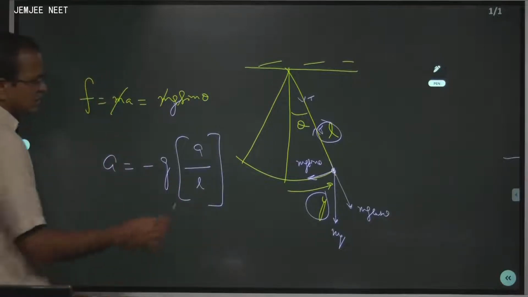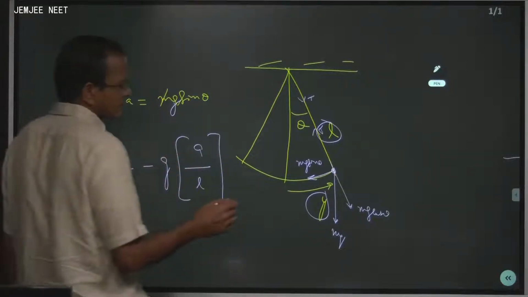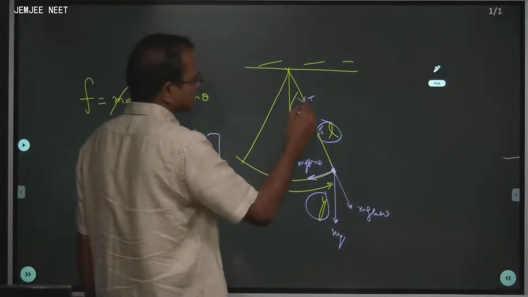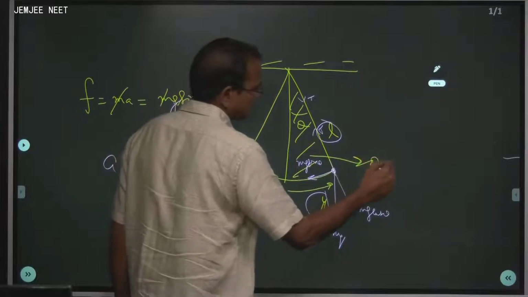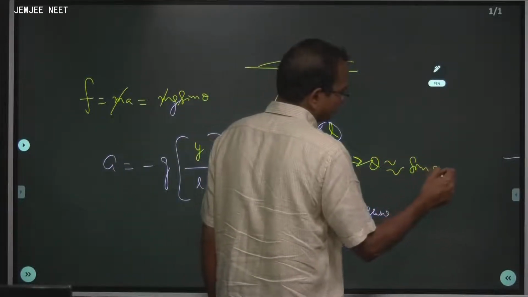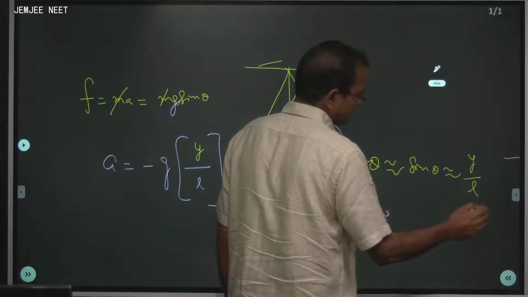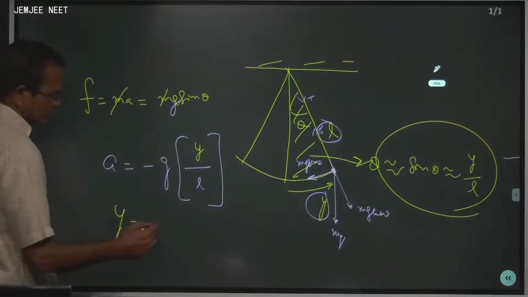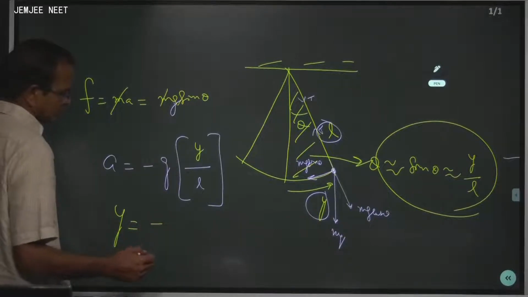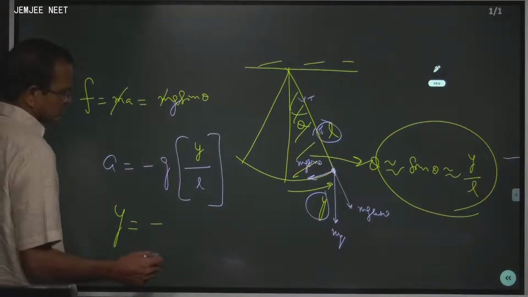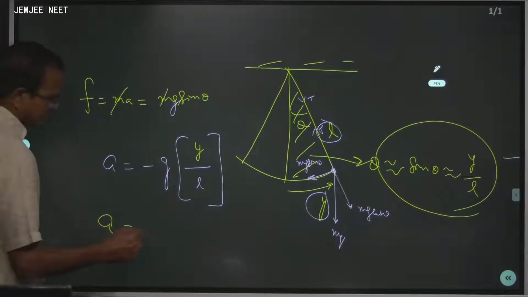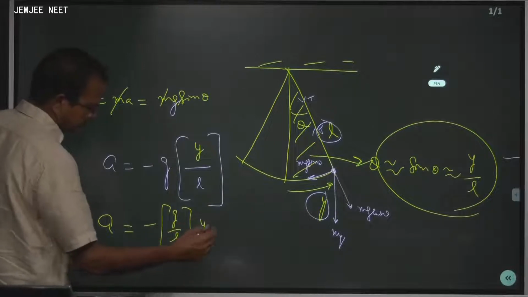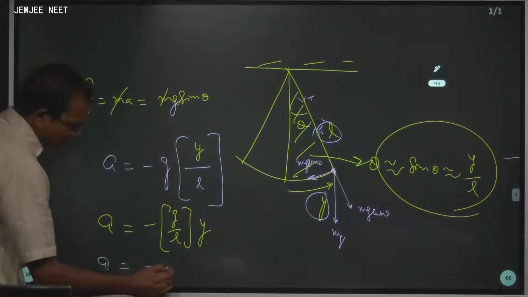Here, sin theta is approximately y by L. So a is equal to minus g by L times y. a is equal to minus omega square times y.